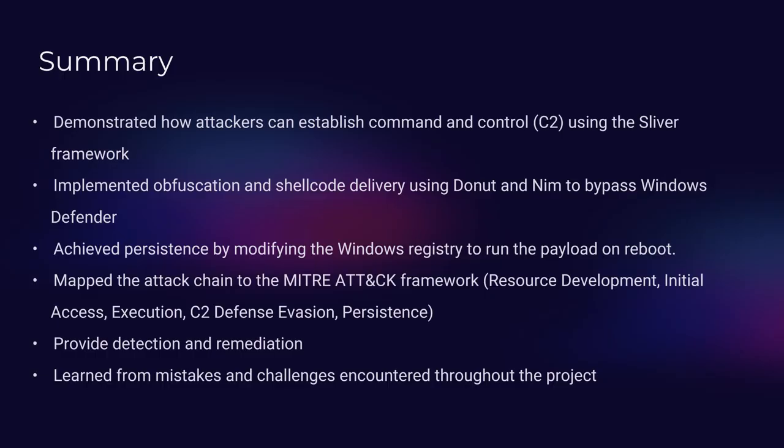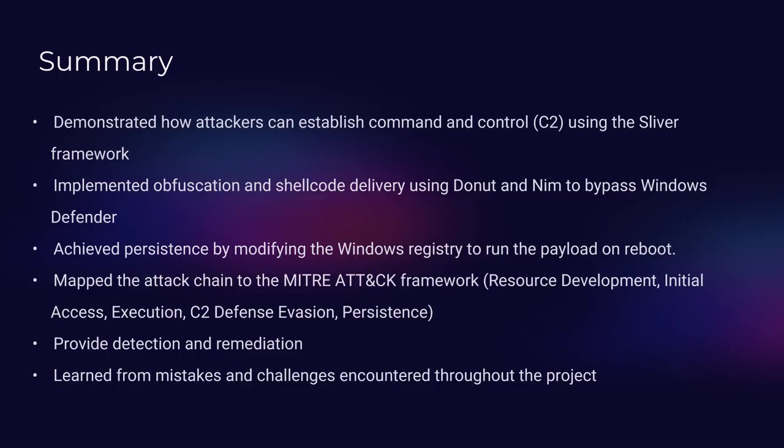We used Donut and Nim to obfuscate and deliver shellcode by bypassing Windows Defender, mapped the attack chain to the MITRE ATT&CK framework, illustrating tactics like initial access, execution, defense evasion, and persistence, and provided a set of practical remediation and detection strategies to prevent and respond to similar real-world attacks.